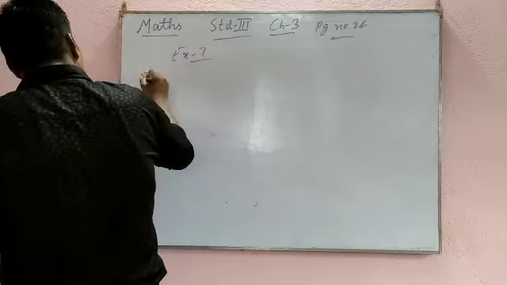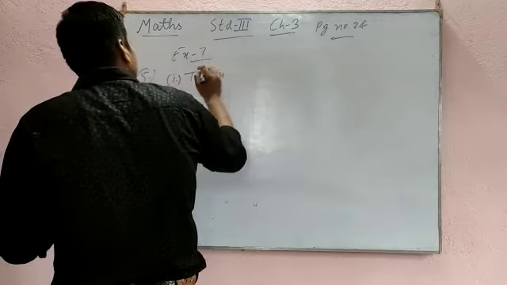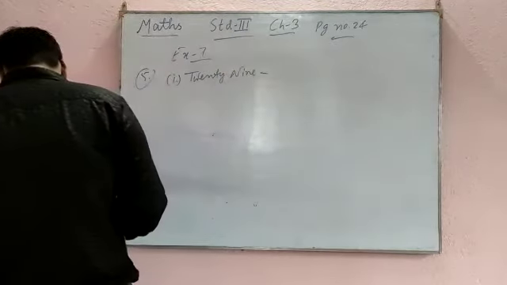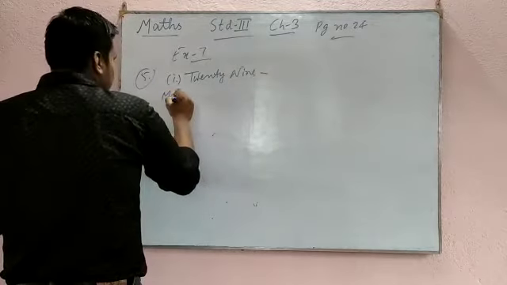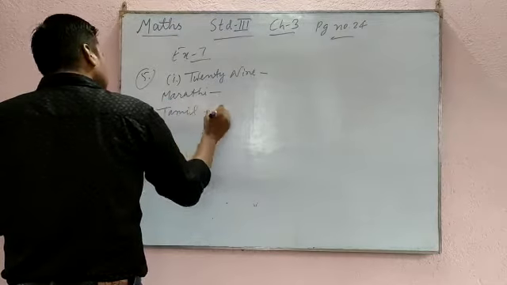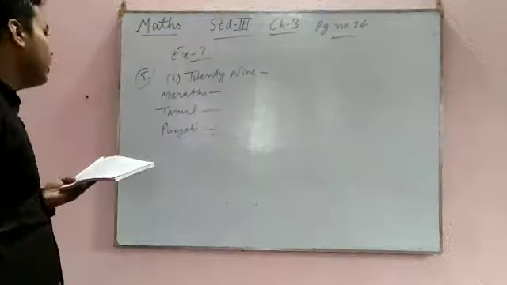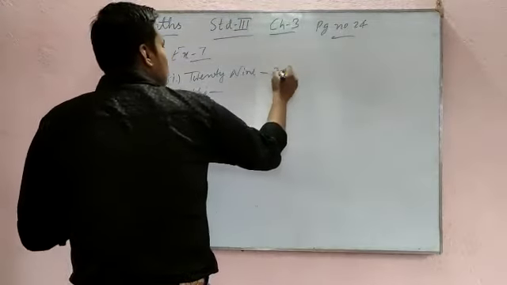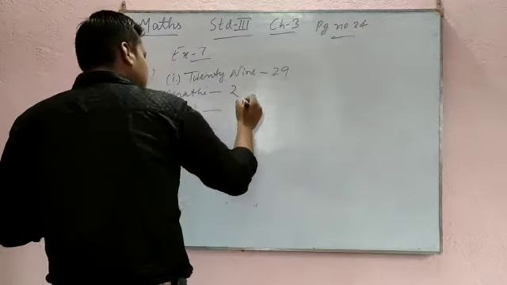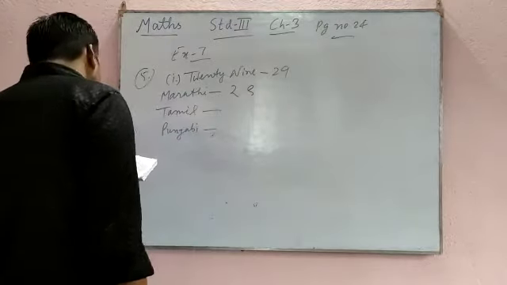Question number 5. One question I am explaining to you. 29. So first you have to write in Marathi, Tamil and Punjabi. So only one I will explain to you. So Marathi 29. 29 means 2 9. So see Marathi 2 and 9. 29. Now go for Tamil 29.